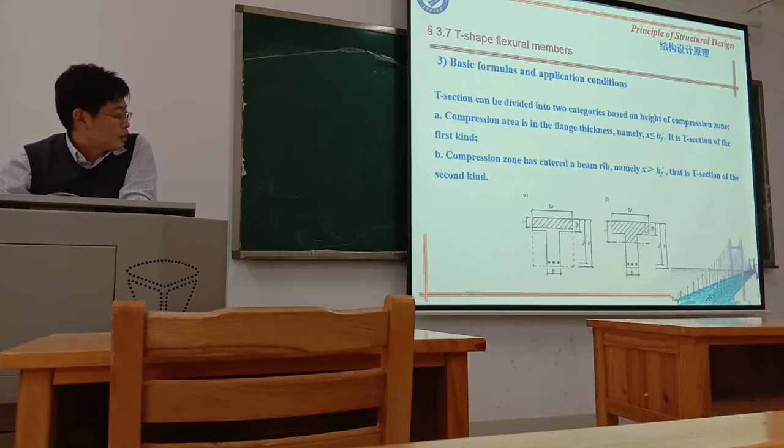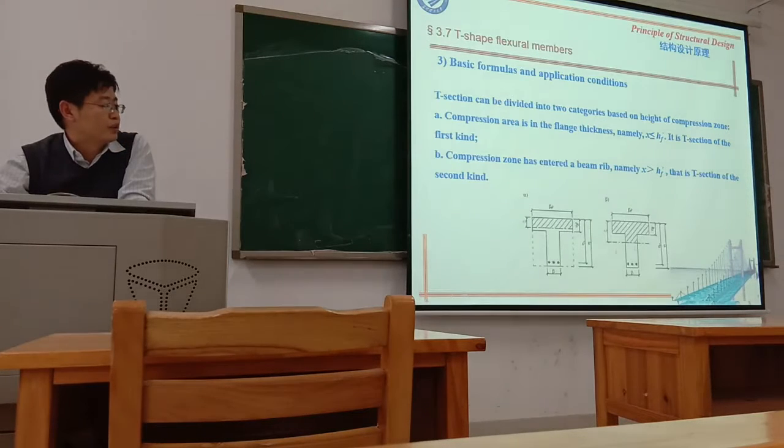So it looks like a T-shape, but actually it works like a rectangular shape. But if the compression reaches the rib, then it's really working like a T-shape, because part of the rib bears the compression force.